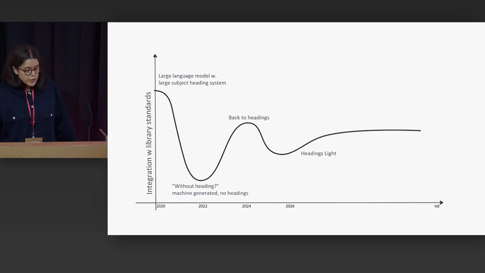So it wasn't great, so in 2022, we just chucked all the standards out the window, and we were like, let's do something entirely different. So then we did a completely machine-generated system based on topic modeling techniques, and also based on a digitized corpus. And I really like this idea, just try something new.